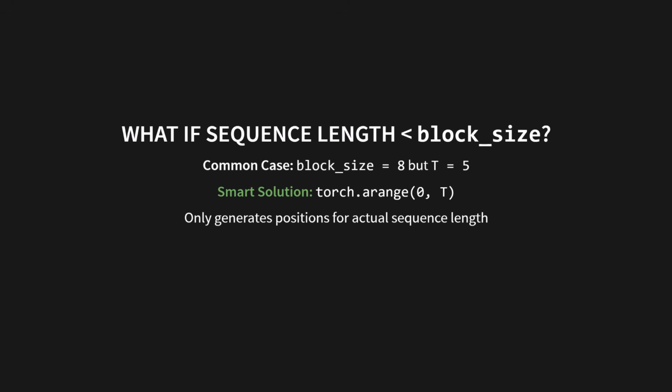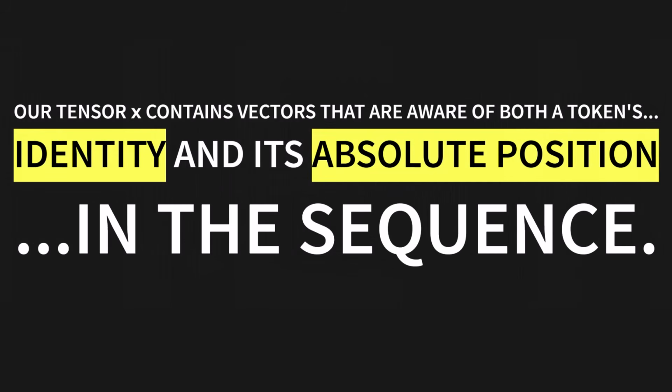The result? Perfect automatic handling. It just works. We have now prepared the input for the main event. Our tensor x contains vectors that are now aware of both a token's identity and its absolute position in the sequence. This is the input that will flow into the stack of transformer blocks.